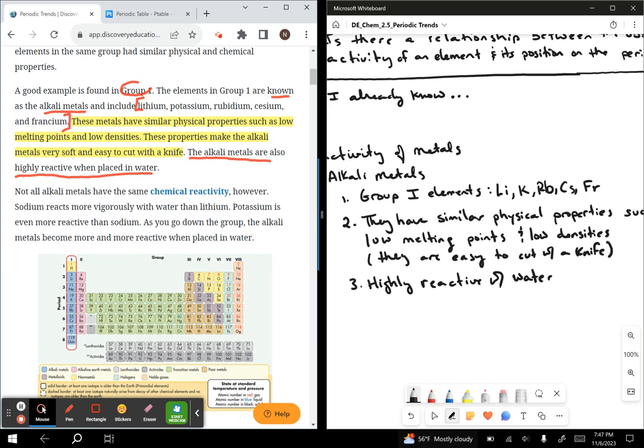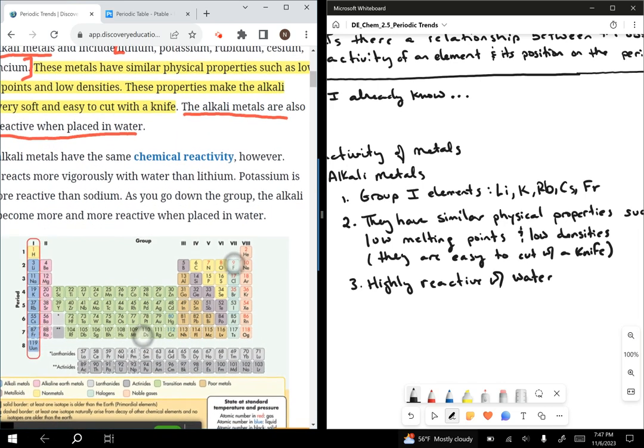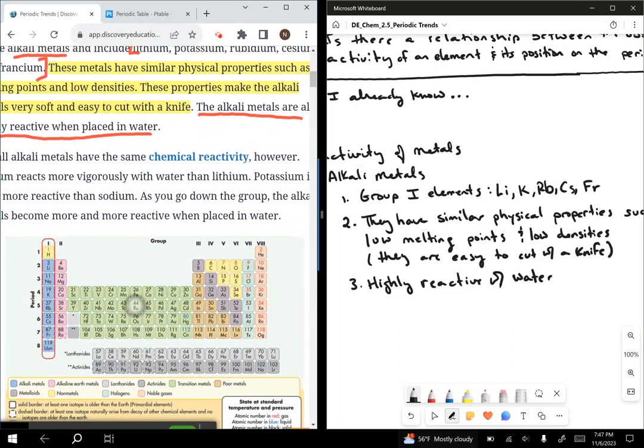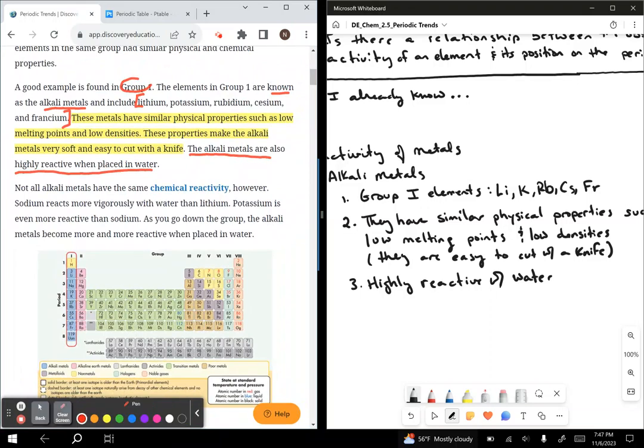Sodium reacts more vigorously with water than lithium. So what are they saying here? Sodium is more reactive than lithium. Potassium is more reactive than sodium.